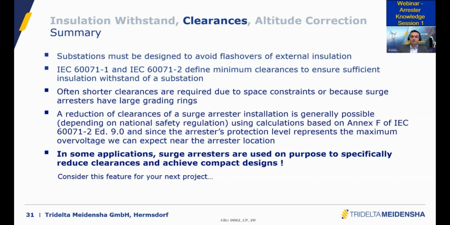Typically, for a 245 kV system, you have a MOV block with a diameter of between 50 and 65 millimeters, depending on the requirements.